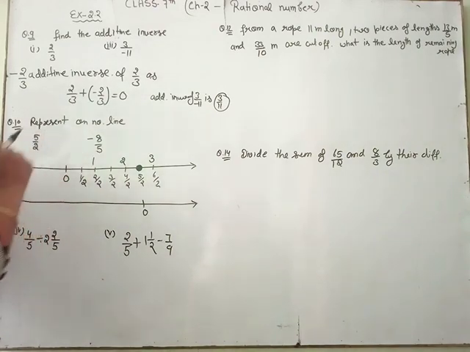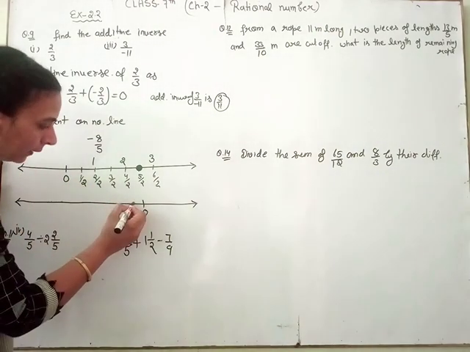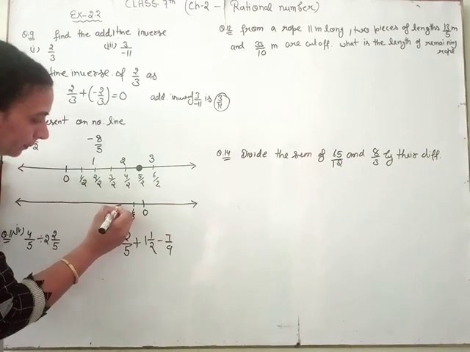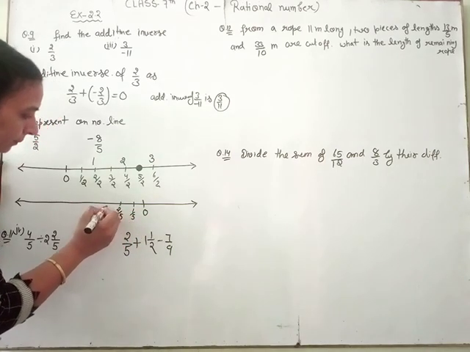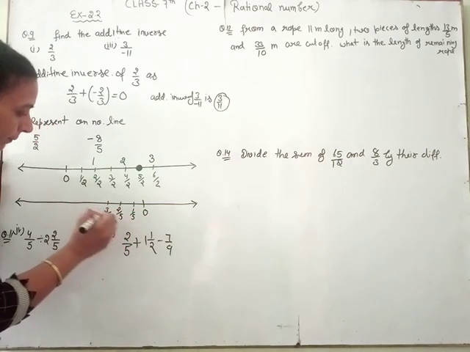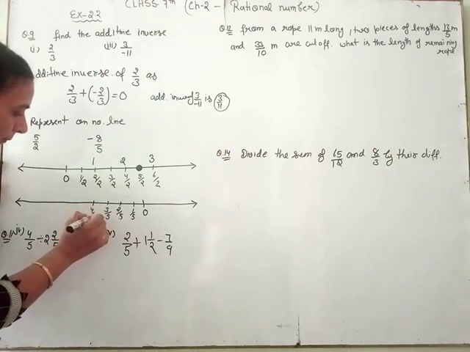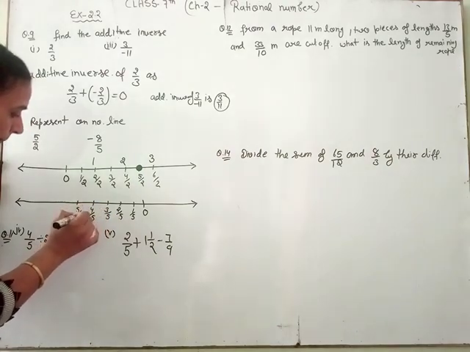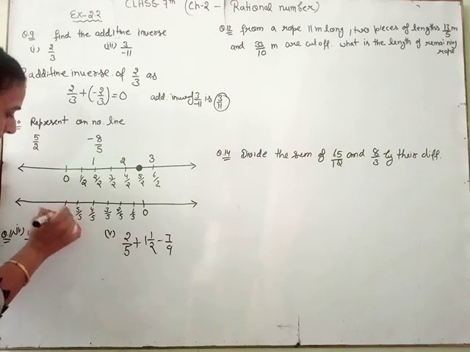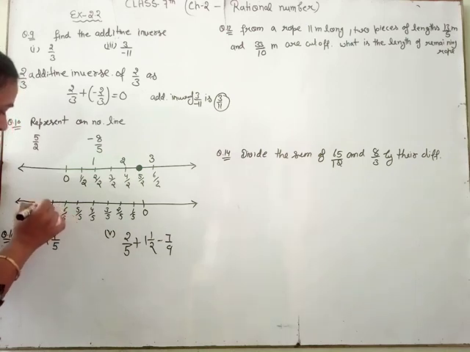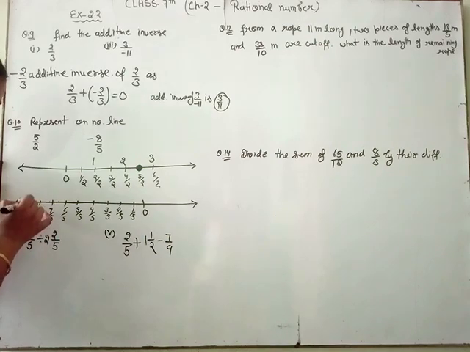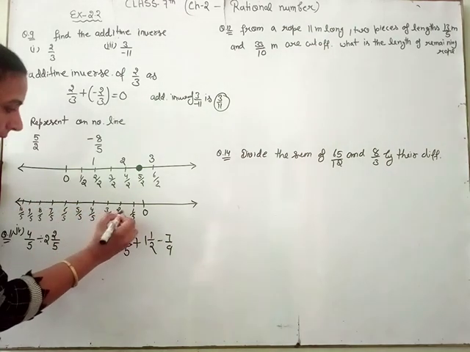We take the denominator, that is 5. So first we take 1 by 5, 2 by 5, 3 by 5, 4 by 5, 5 by 5, 6 by 5, 7 by 5, 8 by 5, 9 by 5 and 10 by 5, and all are negative.